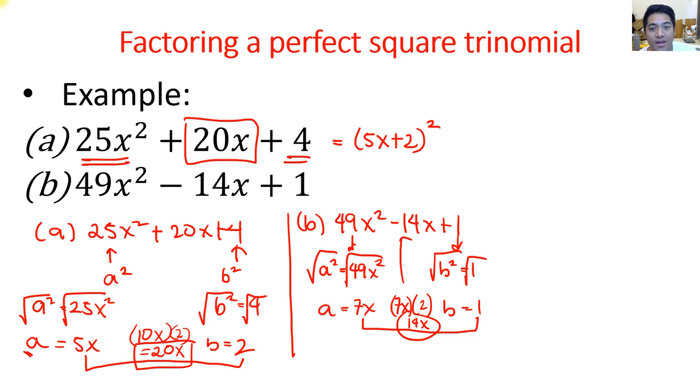Don't worry, it just means that since the middle term is negative, you have a minus sign, and then you have 1 squared. So that would be 7x minus 1, squared. That's factoring out the perfect square trinomial.